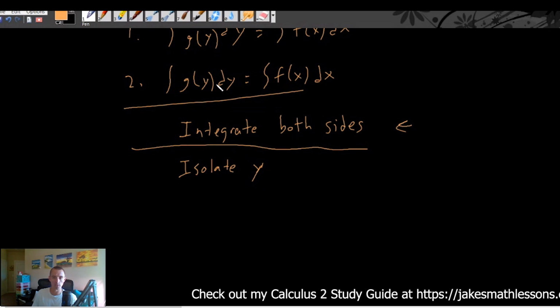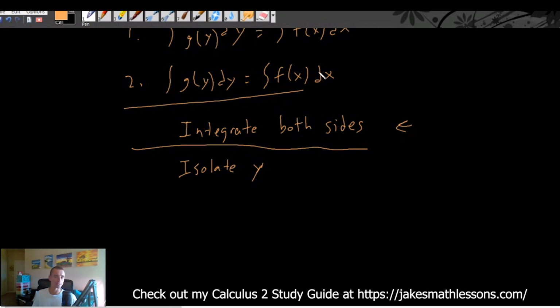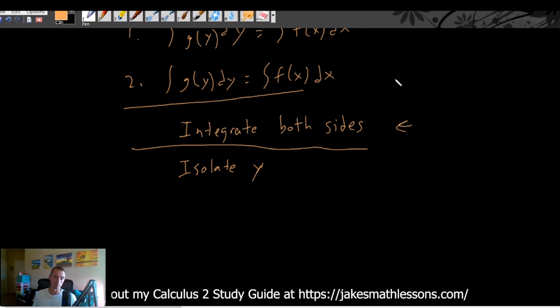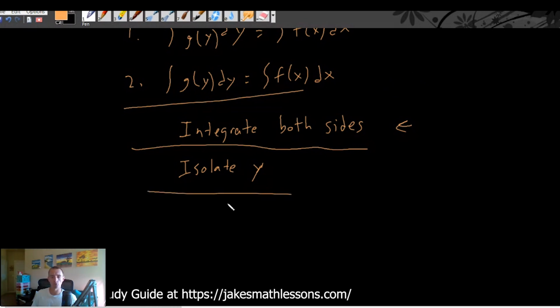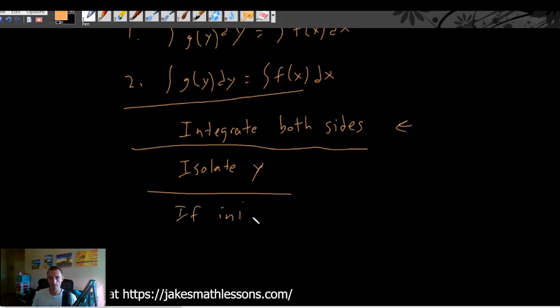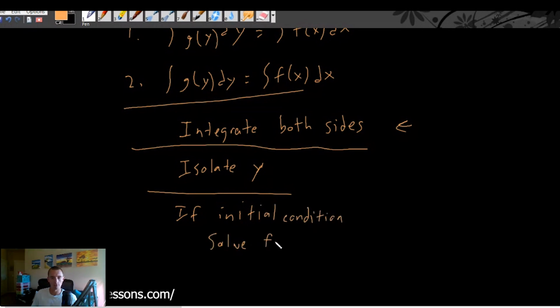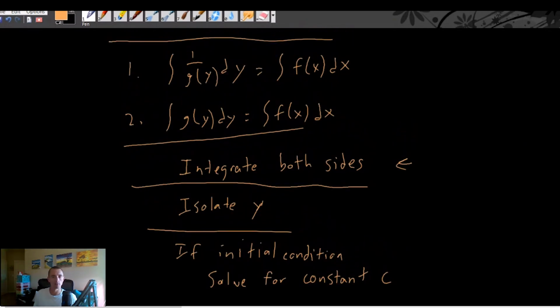So when you integrate both sides of your equation, you should have a plus c that you would introduce through integrating. And then if you have an initial condition, you would solve for your constant. Usually c, but could be really whatever letter you decide you like.